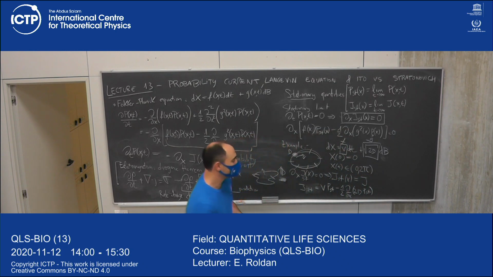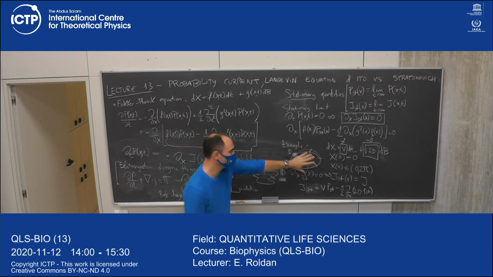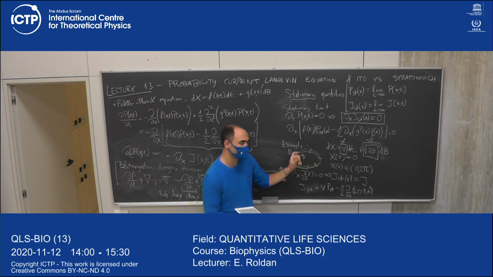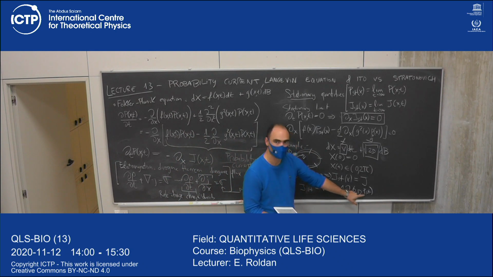And now it turns out that P stationary is independent of x. The ring is homogeneous. So in the long time limit, if you put many particles at 0 and you let them go, and you take a photograph at long times, you will see the ring is uniformly distributed. So P stationary doesn't depend on x. This means that this term is 0, because D doesn't depend on x, and P stationary doesn't depend on x.